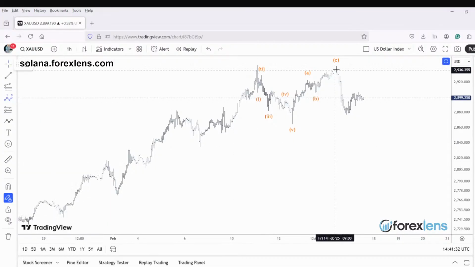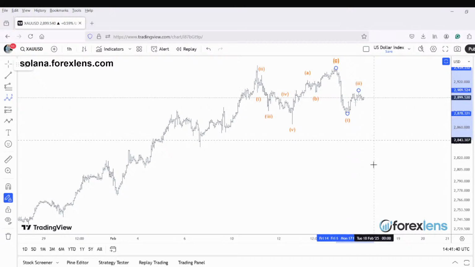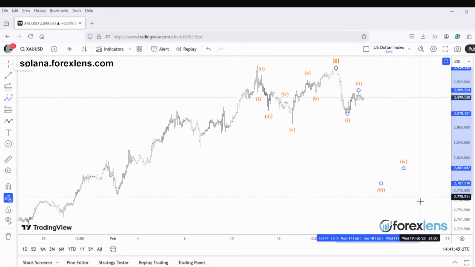If the drop was wave one, we are witnessing a wave two, something like this could be on cards.